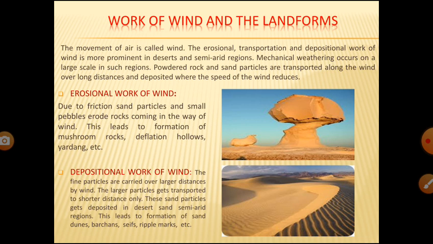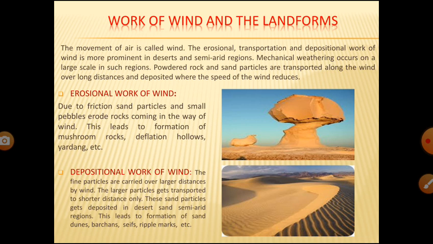This leads to formation of mushroom rocks, deflation hollows, etc. Mushroom rock, also called rock pedestal, is a naturally occurring rock whose shape, as its name suggests, resembles a mushroom. The second one is deflation hollows. It is where wind has removed sand down to a level where a layer of particles is too heavy for the wind to move.